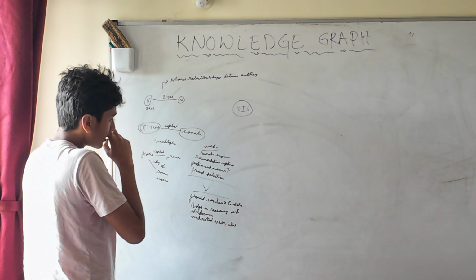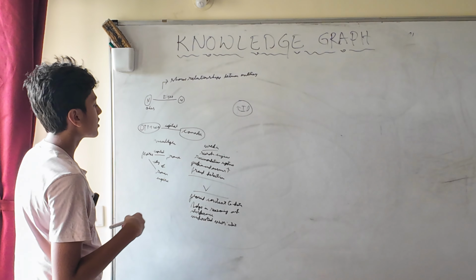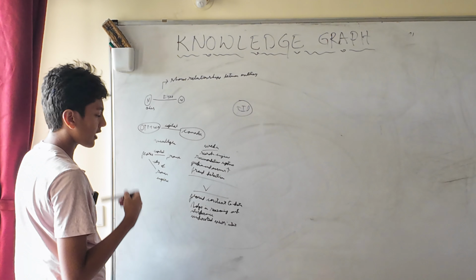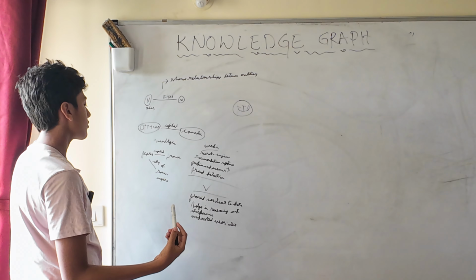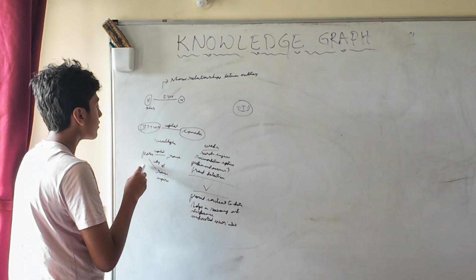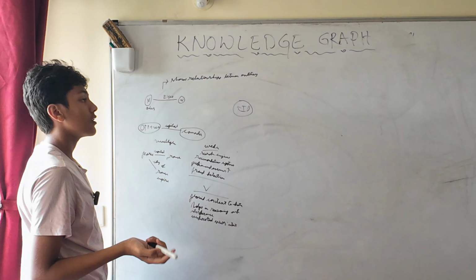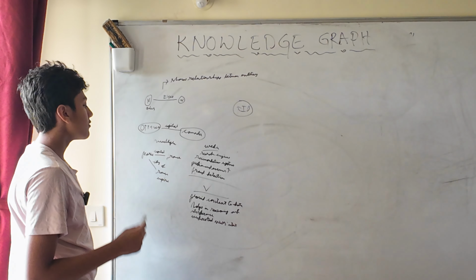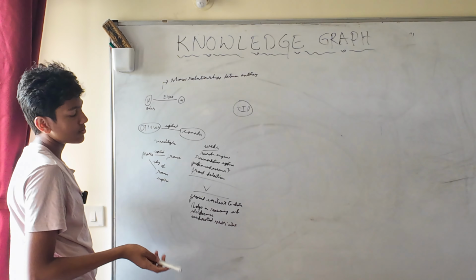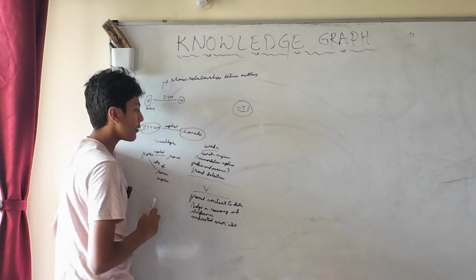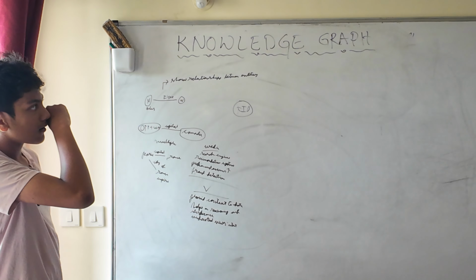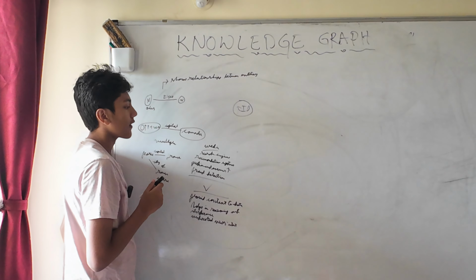Now, nodes can also have relationships with multiple nodes. For example, Paris is the capital of France, but Paris used to be a city of the Roman Empire. That's the main gist of knowledge graphs.